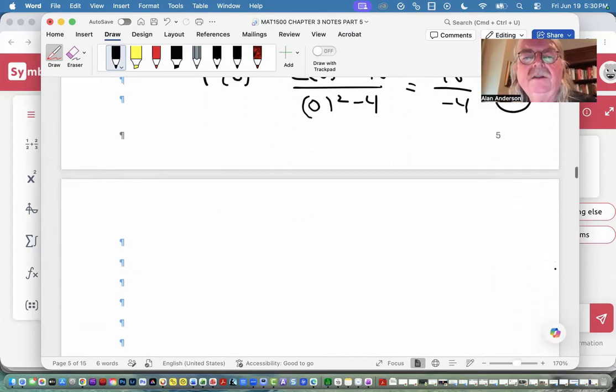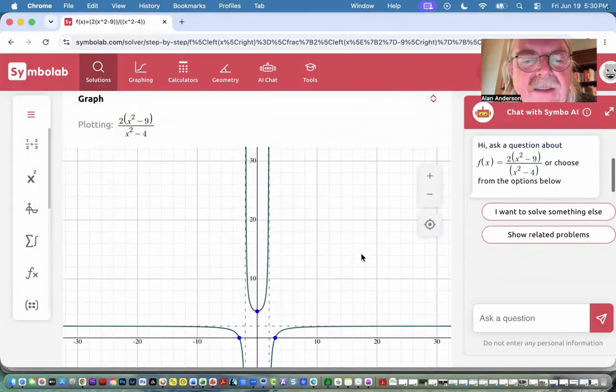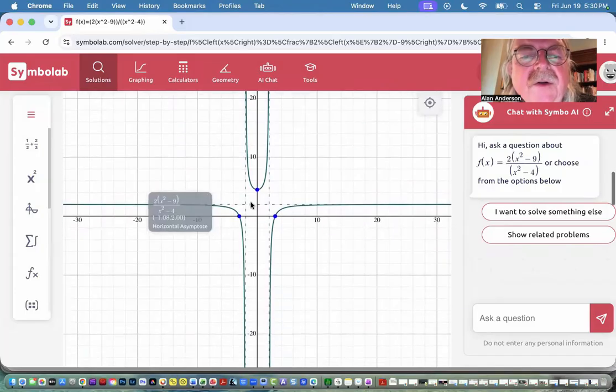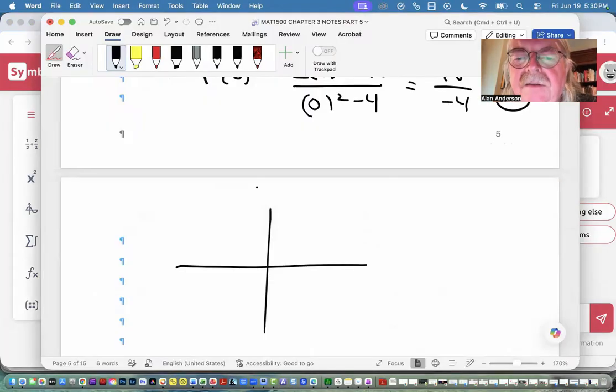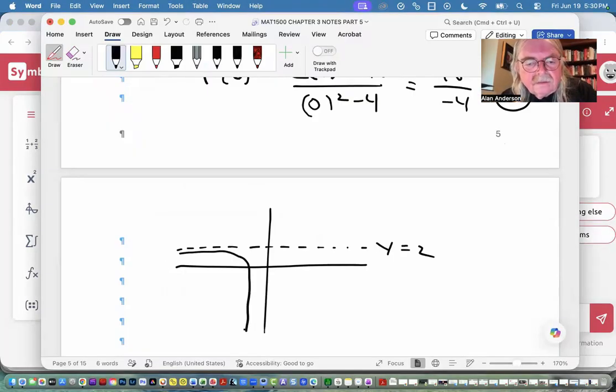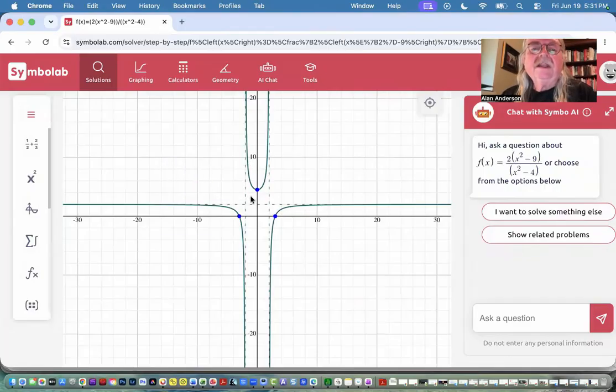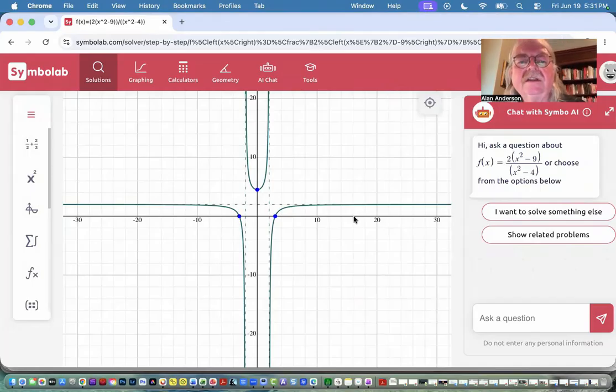Okay, so on the top, this little bizarre piece up here, you're going to see the point 0, comma 9 halves. And oh yes, don't forget about the two vertical asymptotes, because x equals 2 and negative 2 both lead to division by 0.